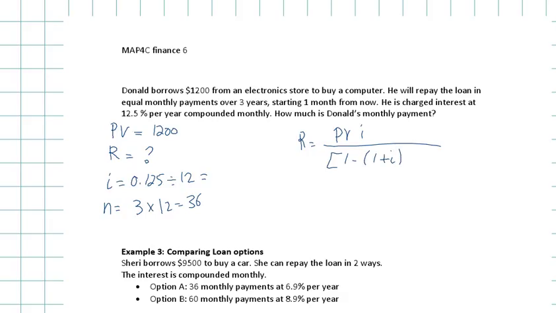So 1200, then you have 0.125 over 12, divided by 1 minus 1 plus.